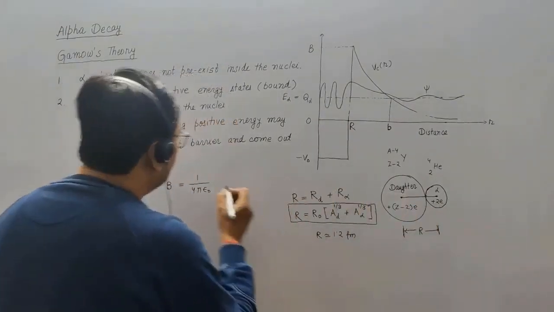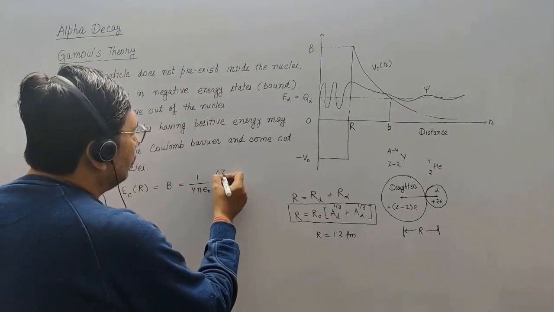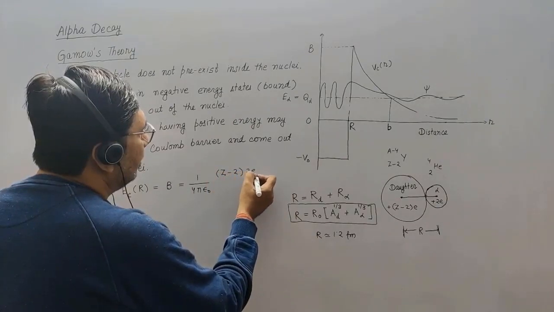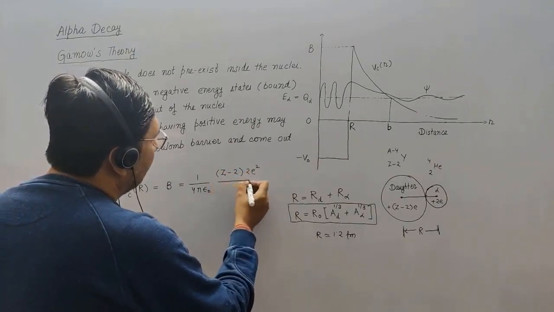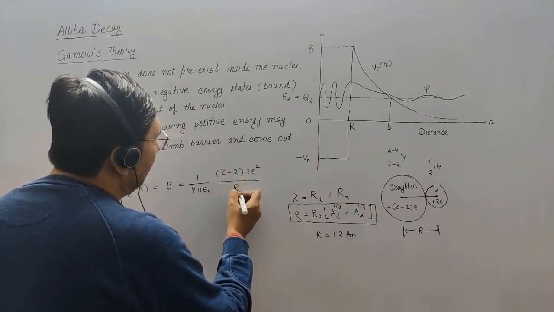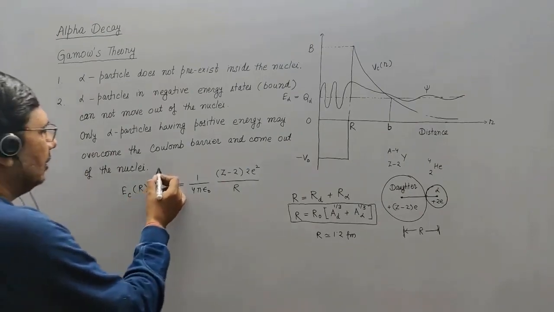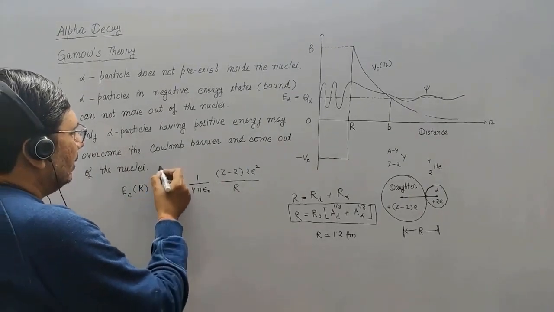Q1 is this, Q2 is this. So this will be Z minus 2 into 2E square upon R. This is the formula for the Coulomb barrier potential, the maximum value of barrier potential.